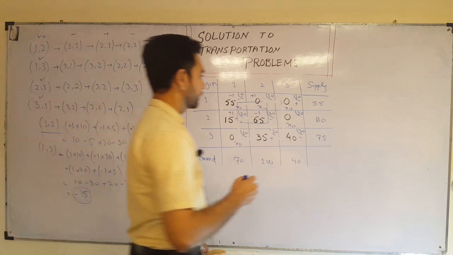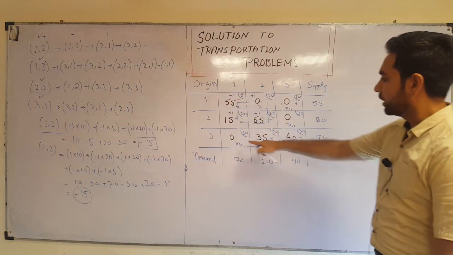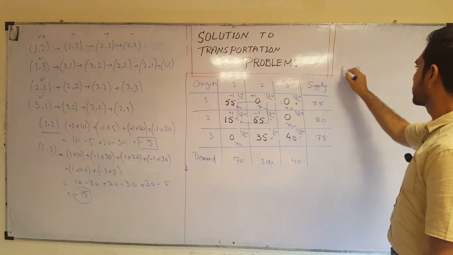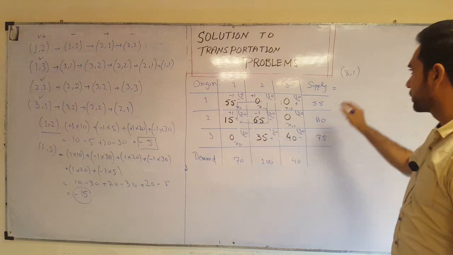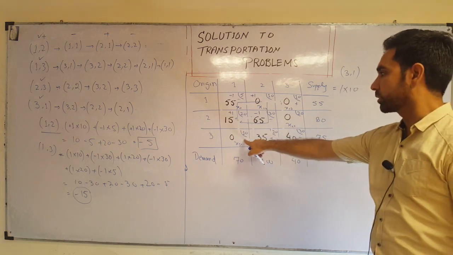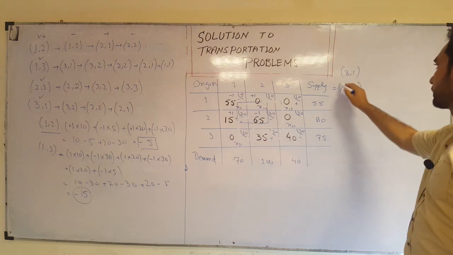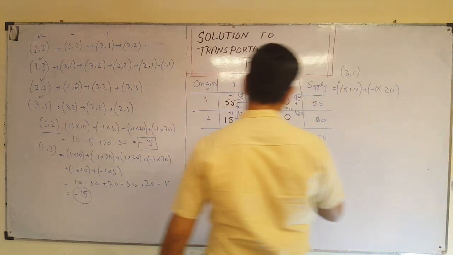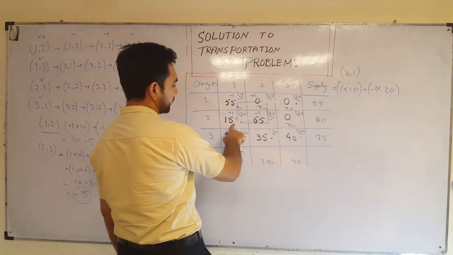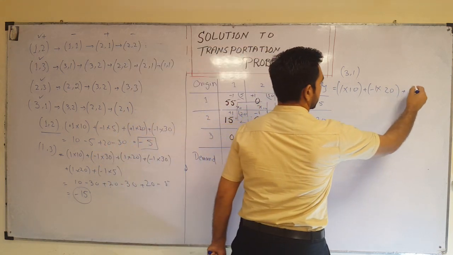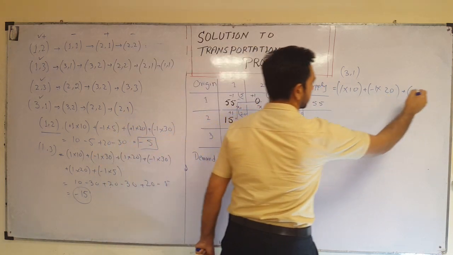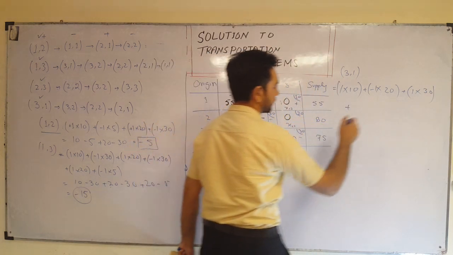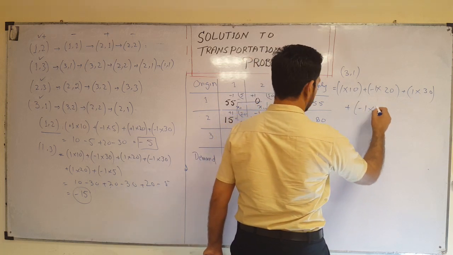Now you can go to the other cells, this one, which is cell 3-1. So that is 1 times 10, this is positive, so this would be negative, minus 1 times 20, again this is positive, this is negative, this is positive, 1 times 30, plus positive, negative, positive, negative, minus 1 times 20.